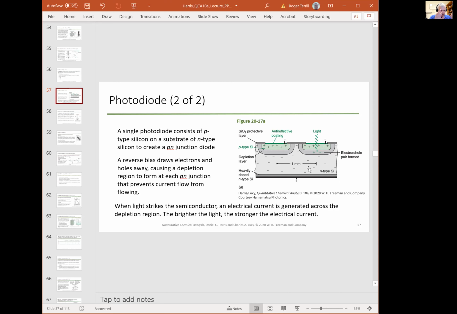So the holes from one side get into the electrons from the other side, and they annihilate.